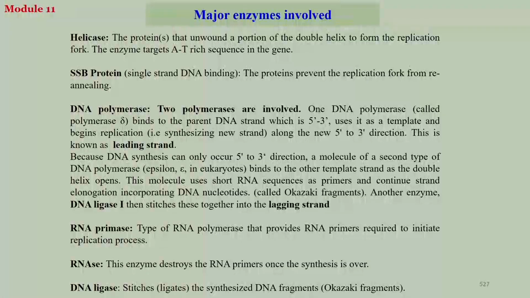and we have seen that it goes through a series of steps involving a lot of enzymes, a lot of other small molecules, and oligonucleotides such as RNA. So, helicase is the key enzyme present, and SSB protein we have talked about.